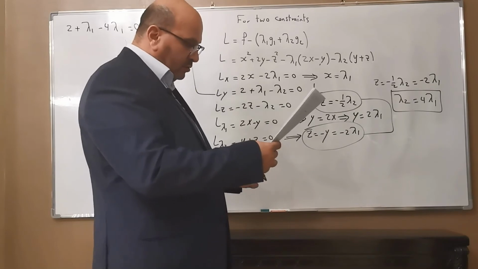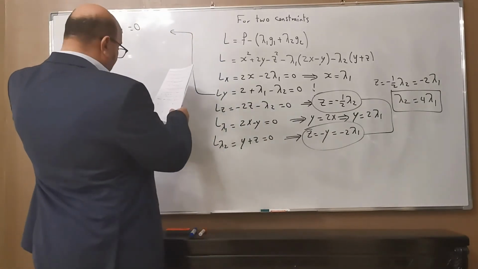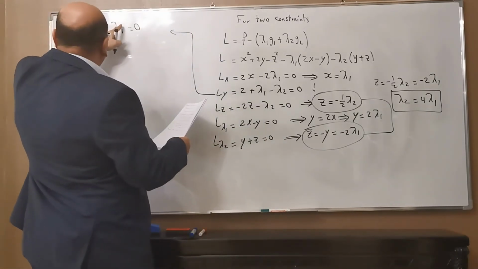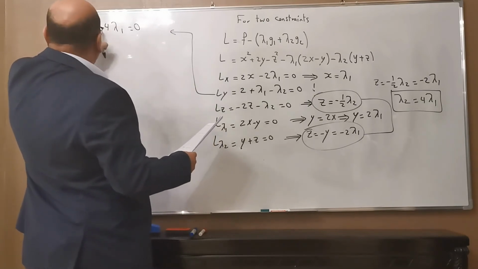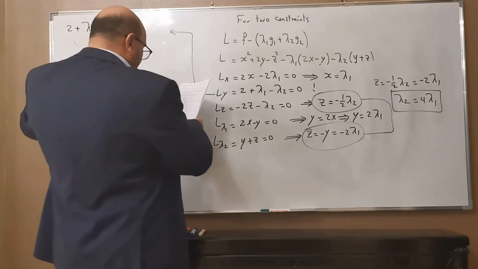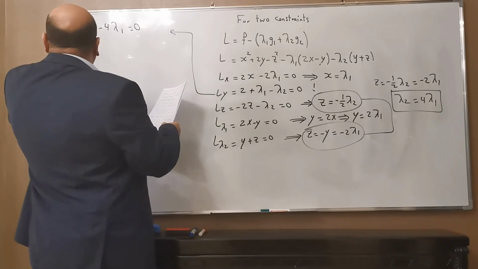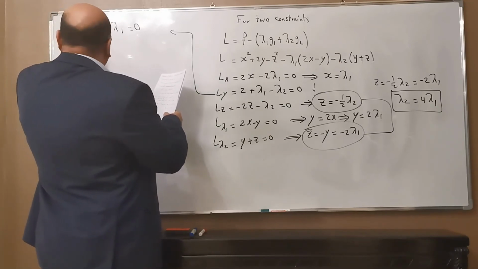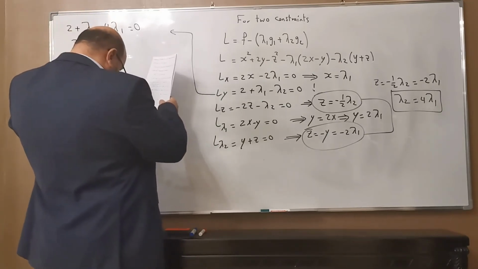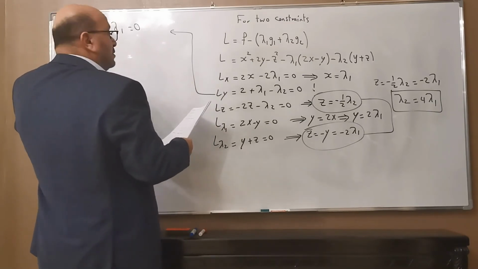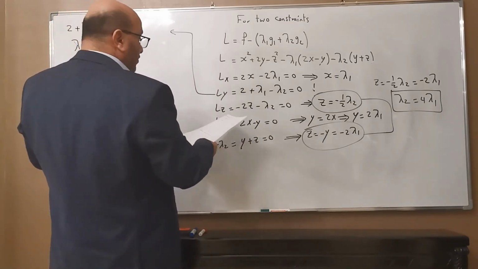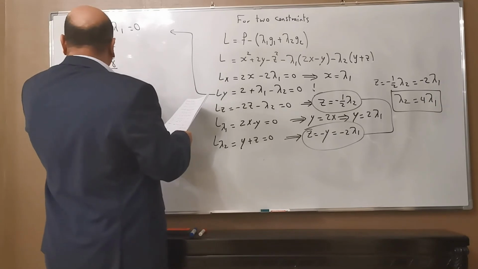So we'll continue. From this, to find lambda 1, lambda 1 can be found to be 2/3. Lambda 2 is equal to 4 lambda 1, so it's 8/3.